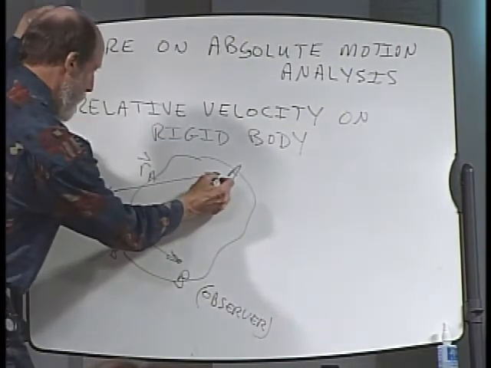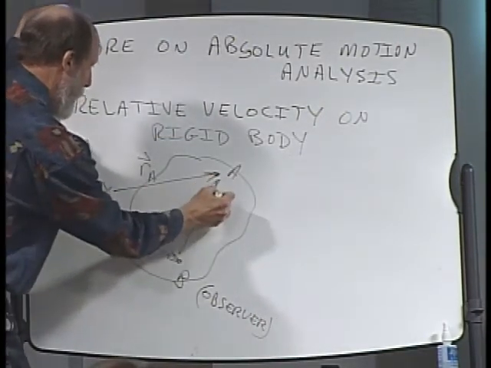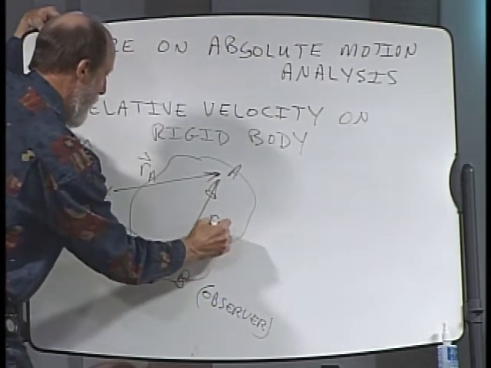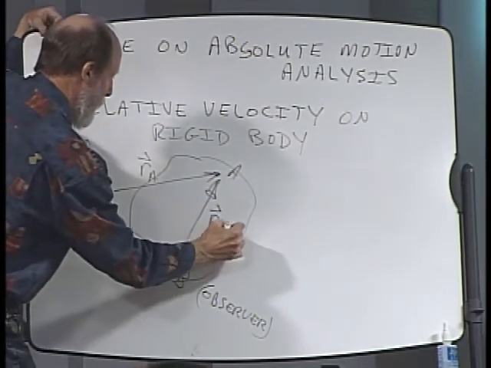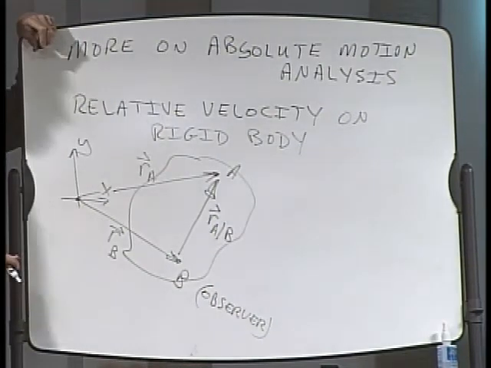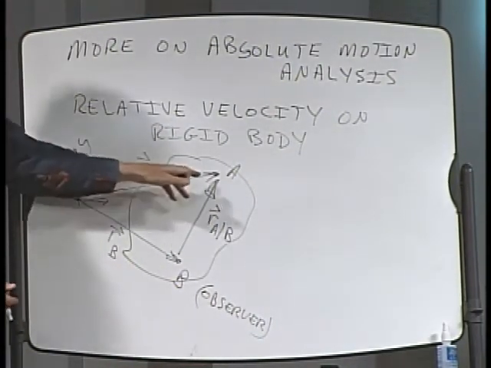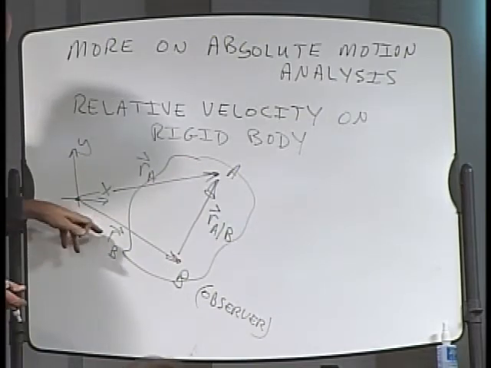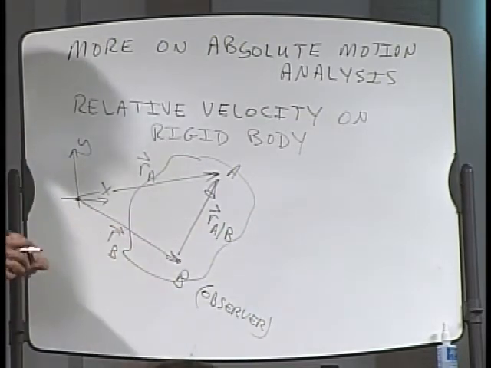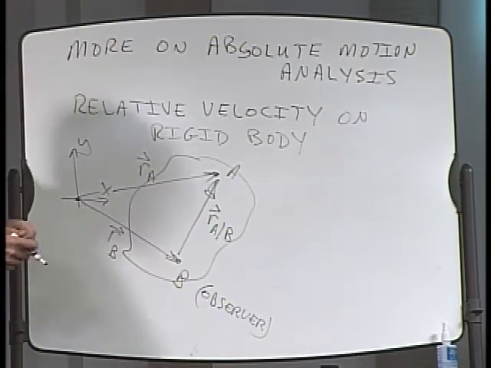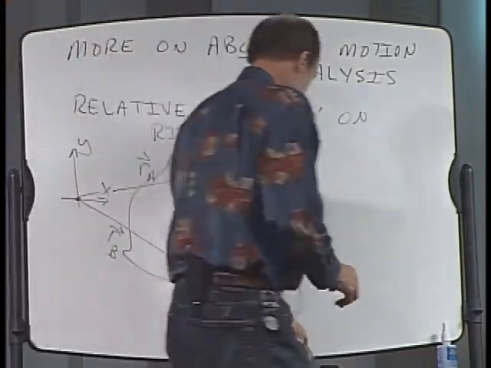So we would be monitoring the position of A relative to position B. And you can now look at that picture and see that position vector A is made up of the sum of these other two vectors. And we've seen this before.